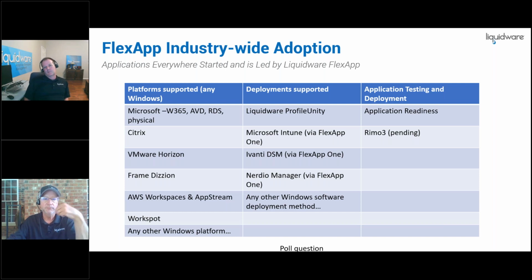So not only with ProfileUnity, the way traditional FlexApp has been and the use cases there for that, but now with FlexApp One, you can deploy it by any means necessary. A file share, also, you can get those out there. But Microsoft Intune, you simply fill out the assignment that you want our executable to go to, and it'll push those down to the endpoint, and they are registered within that machine, and they run as any other app.